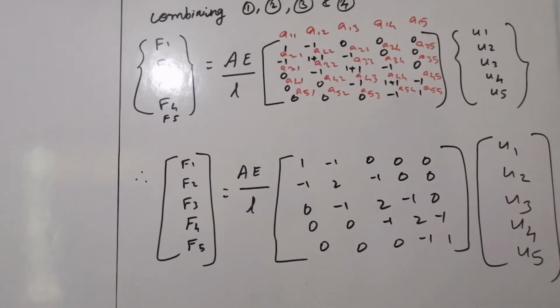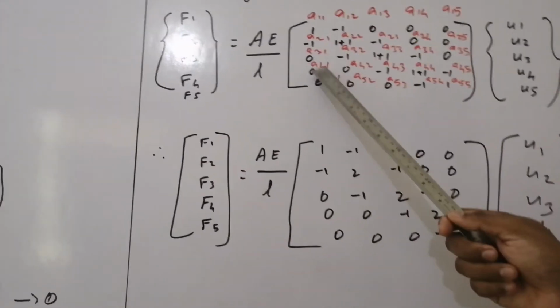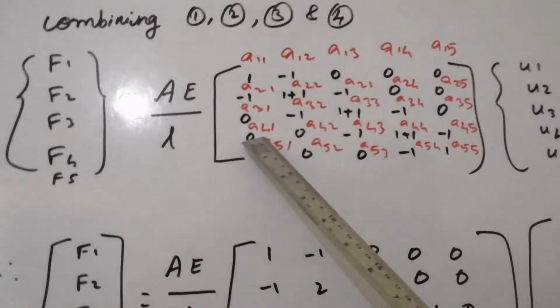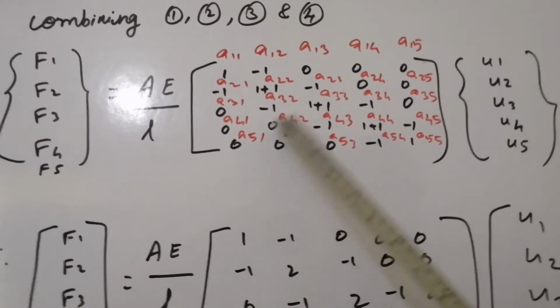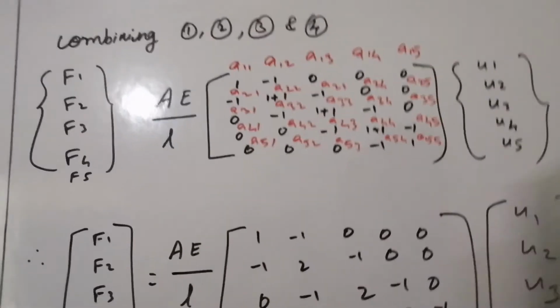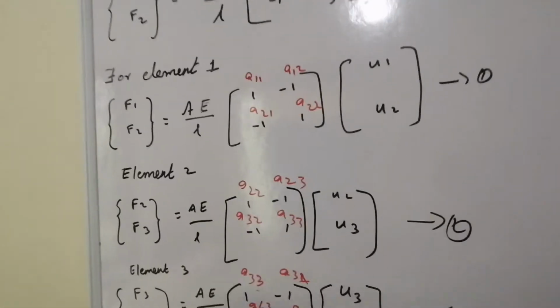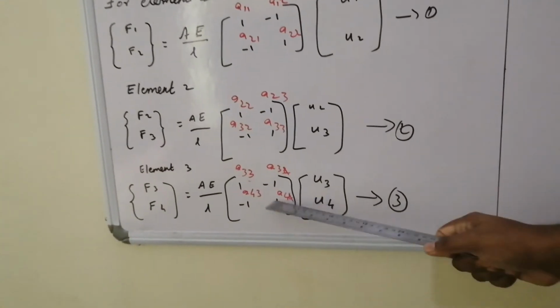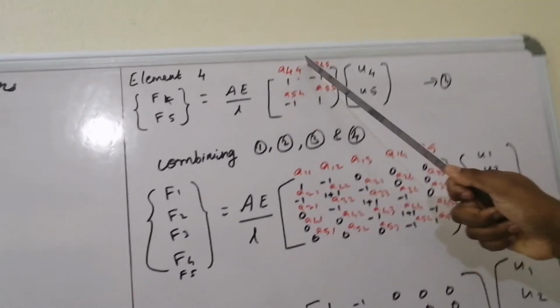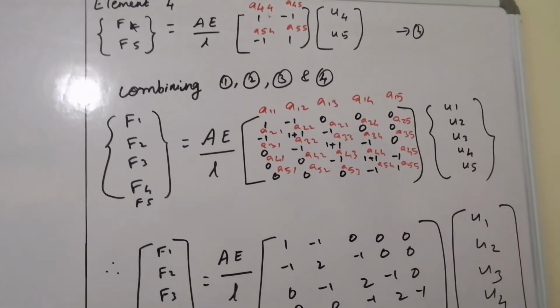In case of A41, there is no A41 in our equation, so we keep it as 0, and A42 also 0. For A43, we have only one A43, which is in element 3, so we put the value as minus 1. And in case of A44, we have two A44, one in element 3 and one in element 4, so 1 plus 1, 2.